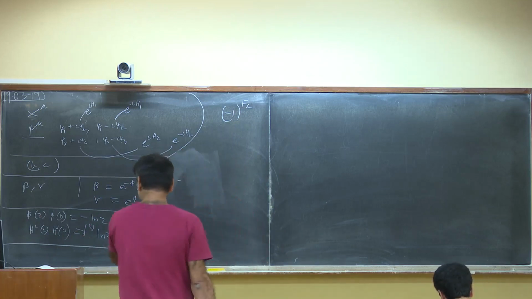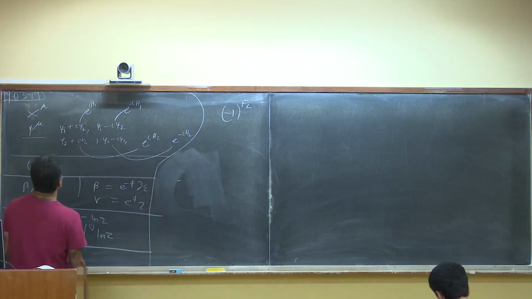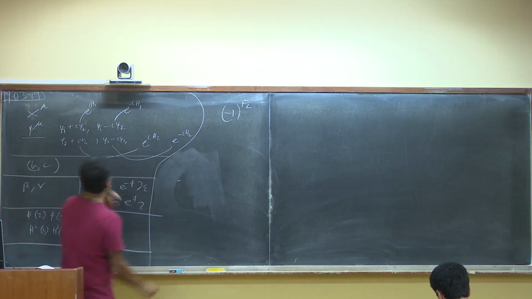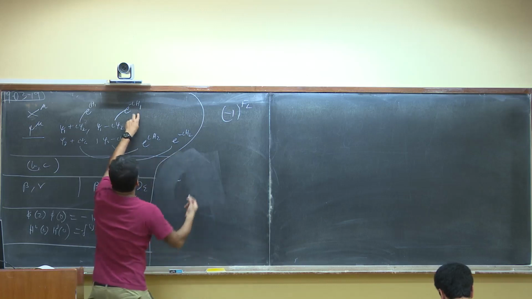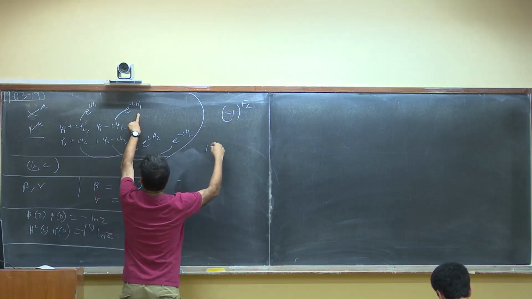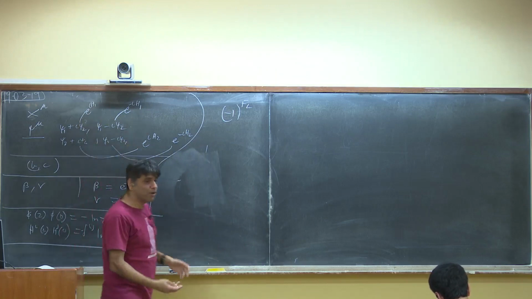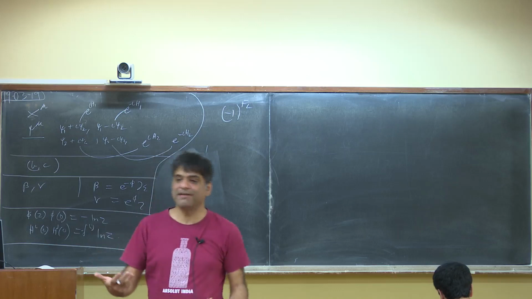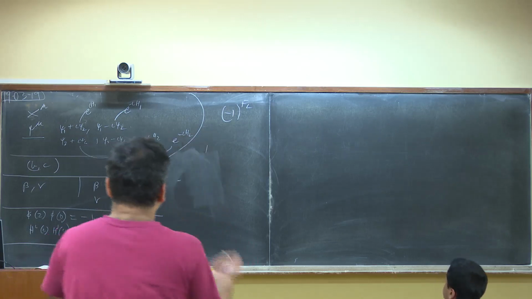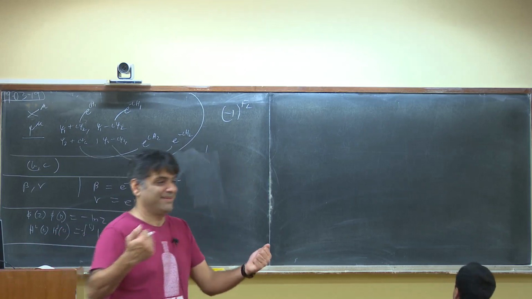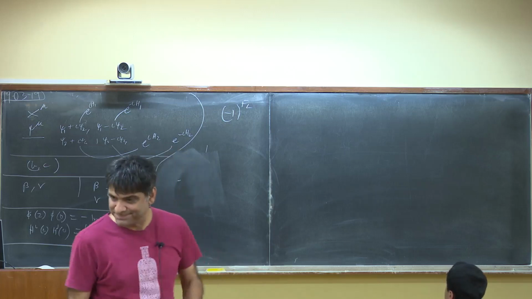A good definition goes as follows. You see, e to the power i h and e to the power minus i h both contribute minus 1 to the power F_L is equal to minus 1, because the definition of minus 1 to the F_L is that the fermions should be minus 1 under this, but 2 fermions should be plus 1.